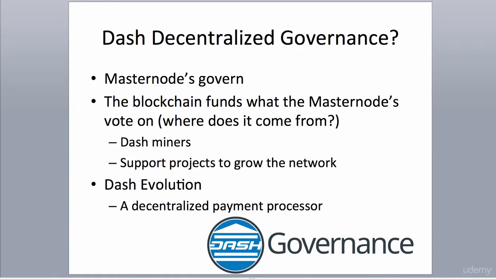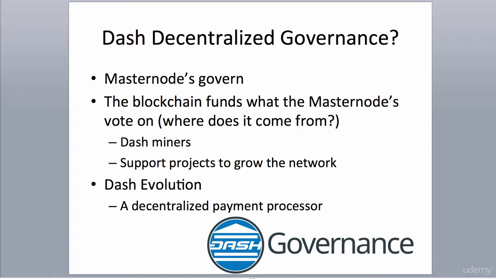It is going to be one of the first decentralized payment processors. You can think of Dash Evolution as a more advanced version of PayPal, but from a decentralized perspective.